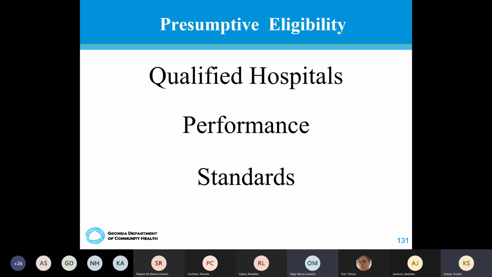Are you speaking, Olga? Because I can't hear you. I'm sorry. Once you complete the denial in GAMI, you can. I still can't hear you, Olga. You might have to type it in the chat, Olga, because we can't hear you. Okay. Can you hear me now? No, it sounds like you're kind of far away.